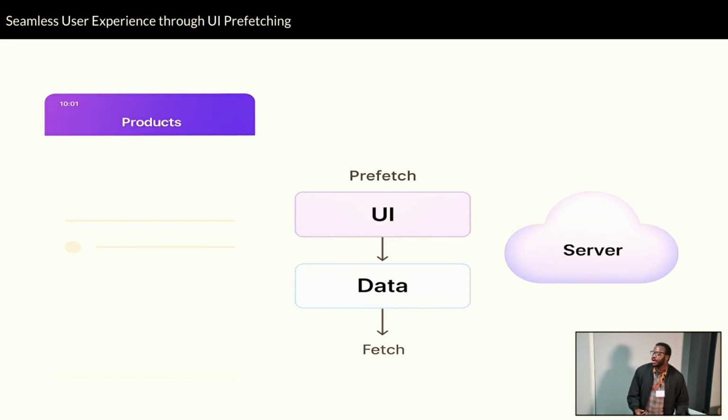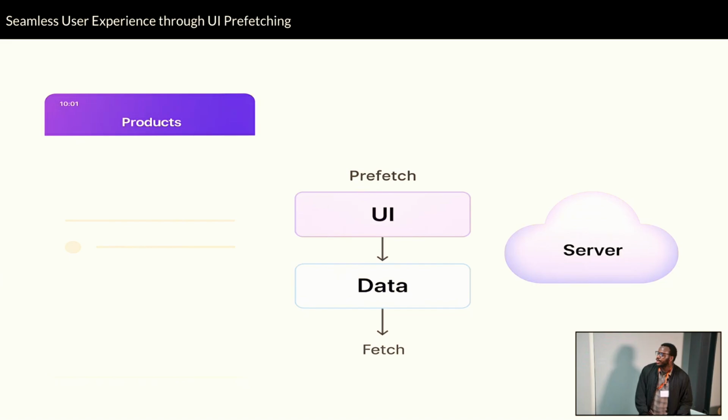We can do it in the background, and then we can still make our API request on the fly or on demand, as the case may be. So we prefetch the UI, and then we can fetch the data to populate the UI after. With this, we can then create experiences very close to the regular client-driven UI that we're all familiar with.